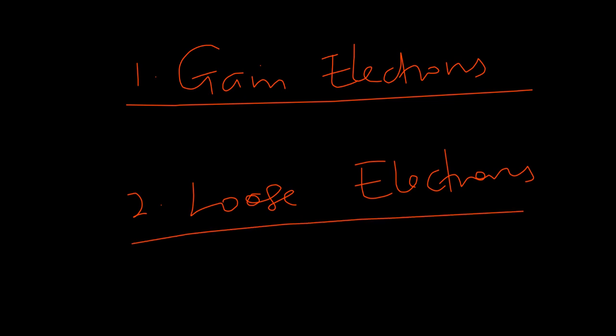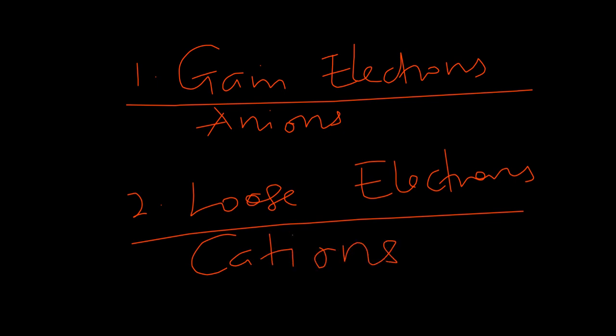When atoms gain electrons, they form anions. And when atoms lose electrons, they form cations. So we're going to look at how these two processes can result in the formation of these two types of ions. We'll first start by looking at how anions are formed when atoms gain electrons.